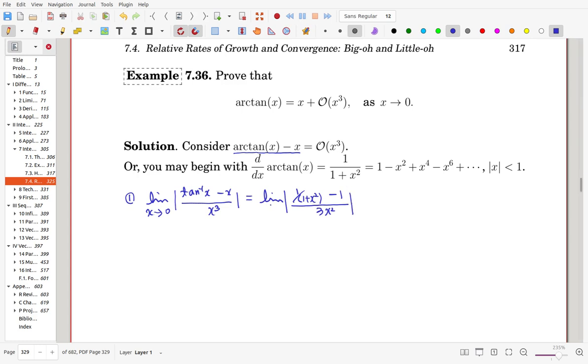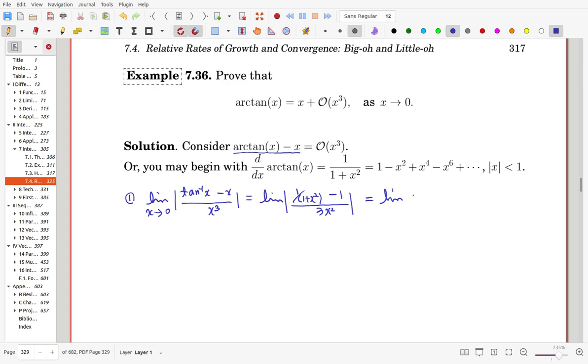Now as x approaches 0, 1 minus 1 becomes 0, again 0. So one more time, we can use L'Hopital's rule. But before that, we reorganize the top, or we can do it anyway.